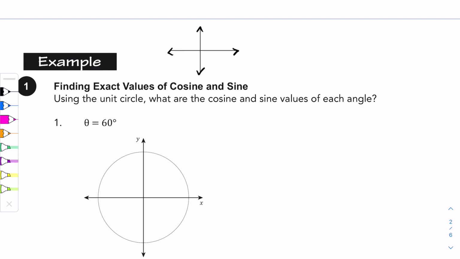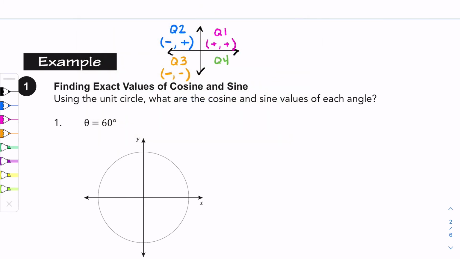So we have quadrant 1, and in quadrant 1, your x-coordinate and your y-coordinate are positive. In quadrant 2, you have a negative x-coordinate and a positive y-coordinate. In quadrant 3, you have a negative x and a negative y coordinate.